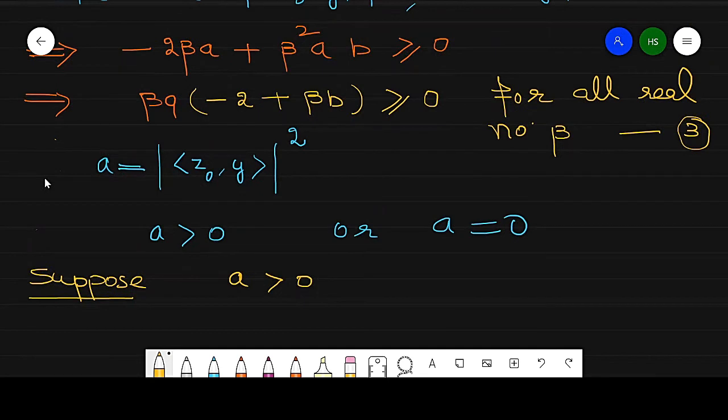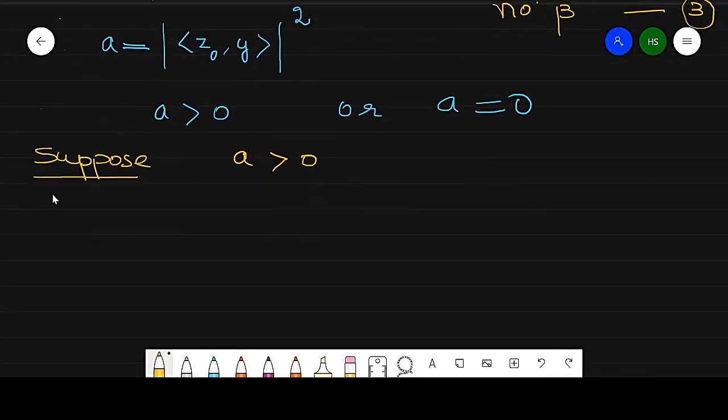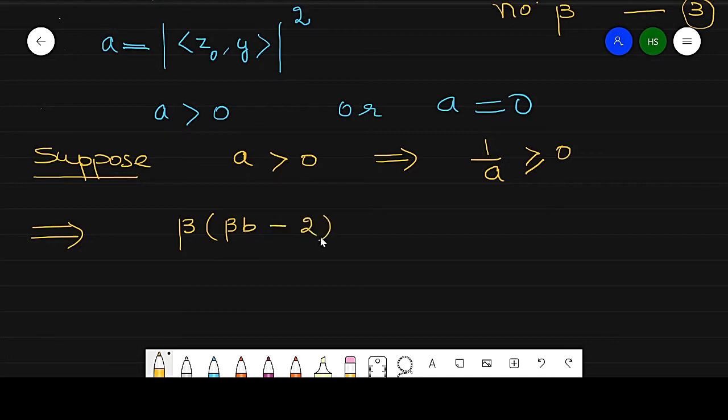If A is some positive number, then 1 by A is also a positive number. So multiply by the positive number, and the given equation will become beta into beta B minus 2, which is greater than or equal to 0.